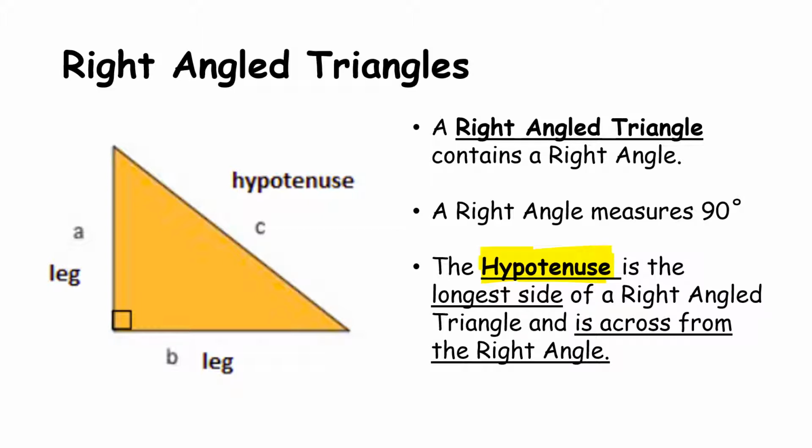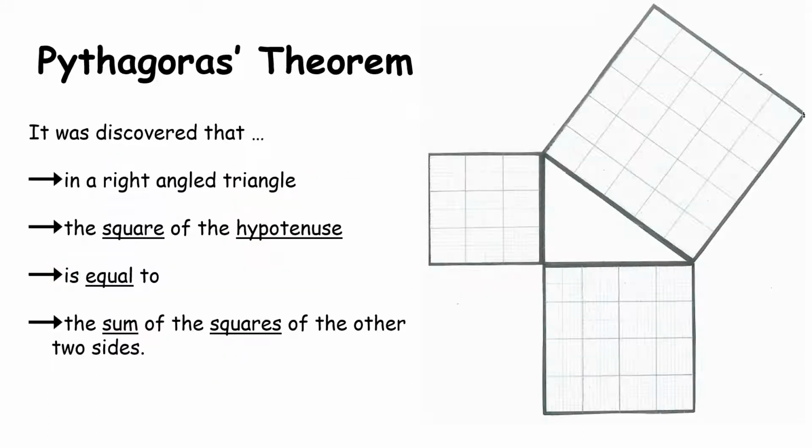Another way to remember where the hypotenuse is: it's across from the right angle. So the side that is across from the right angle is always the hypotenuse. So Pythagoras' theorem: what he discovered was that in a right angle triangle, the square of the hypotenuse is equal to the sum of the squares of the other two sides.